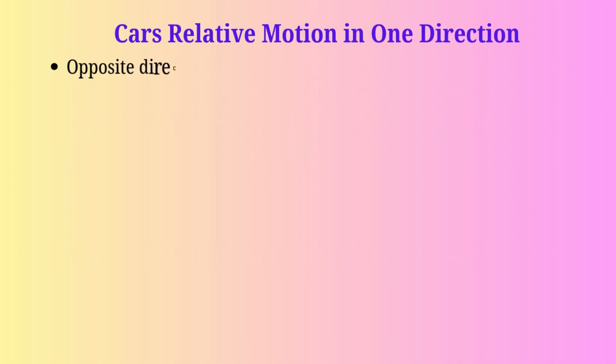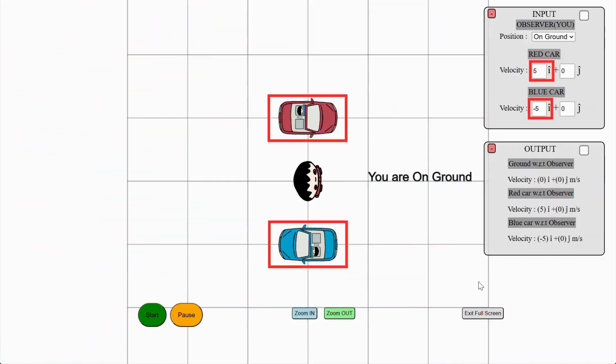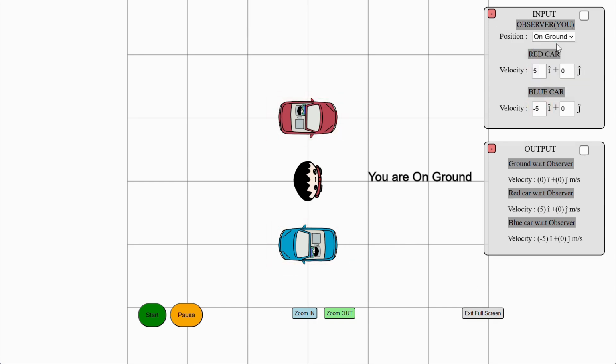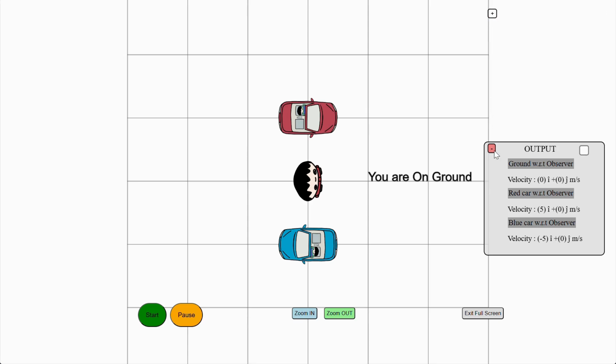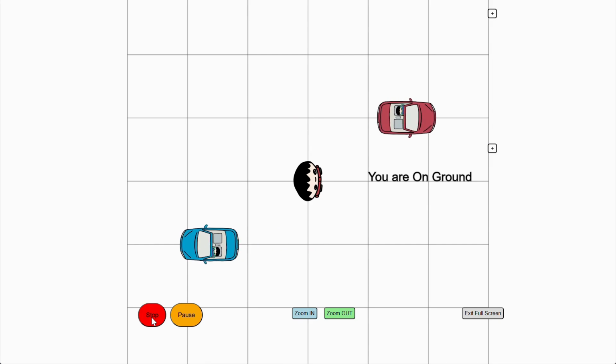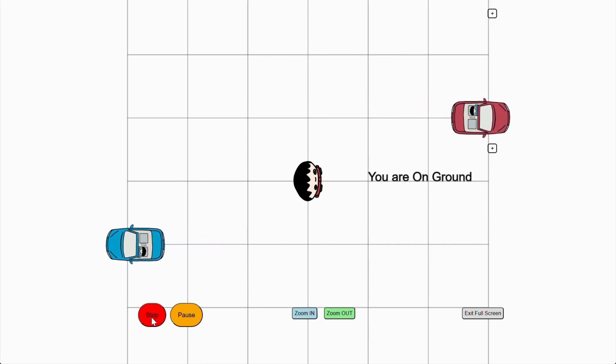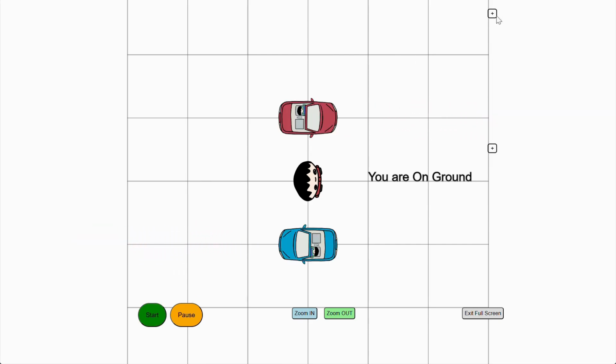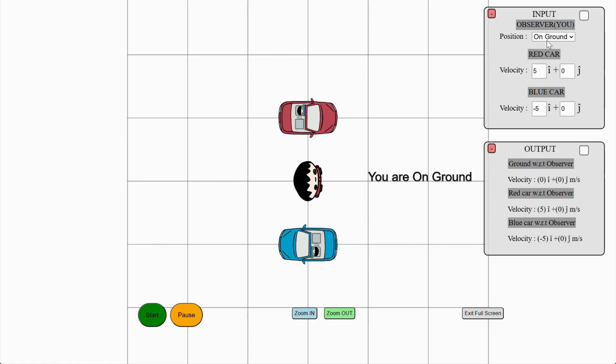Let's understand the relative motion in the opposite direction. Now, if we change the velocities to be in opposite directions, observe the motion when the observer is on the ground. Now, the observer is in the red car.